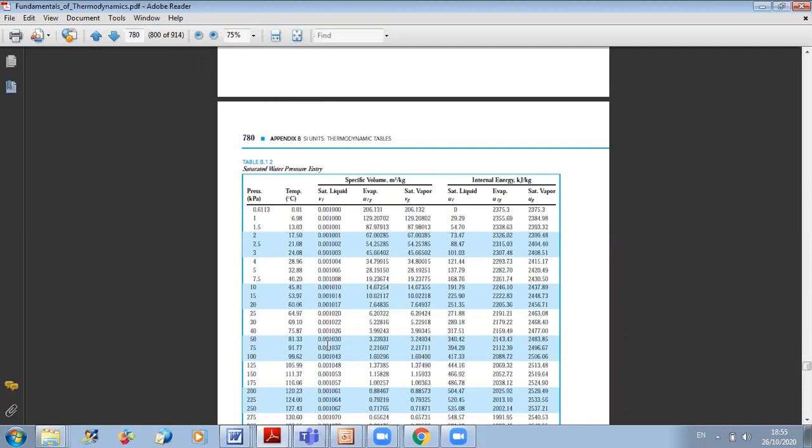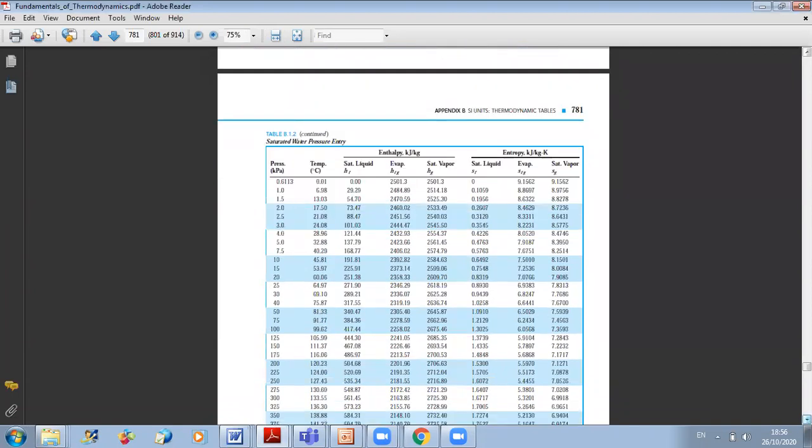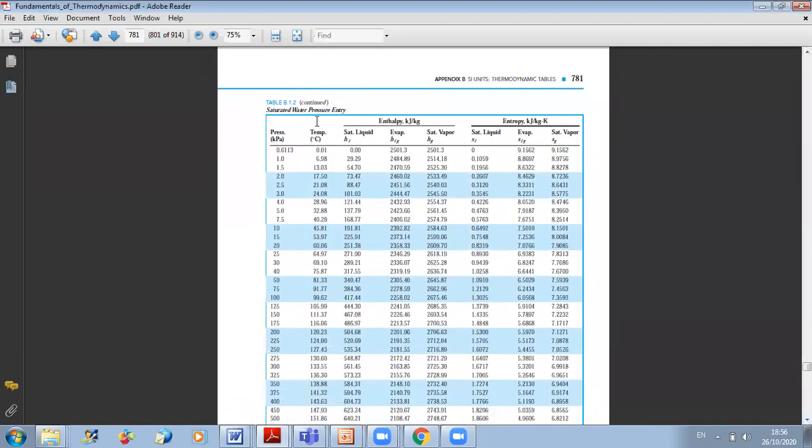For this table, as you can see, they give you the specific volume and the internal energy. We don't want this, we want the enthalpy. So we will go down. Here, for example, it's for saturated water pressure entry, and we have the enthalpy values. So now we can search for the 100 kilopascal.